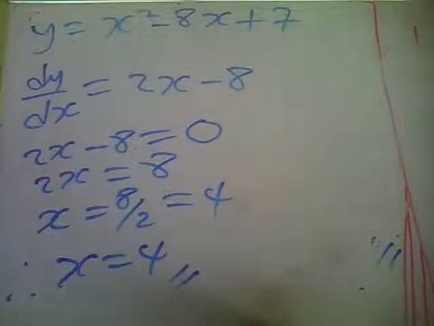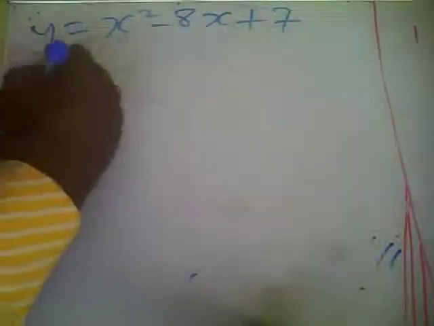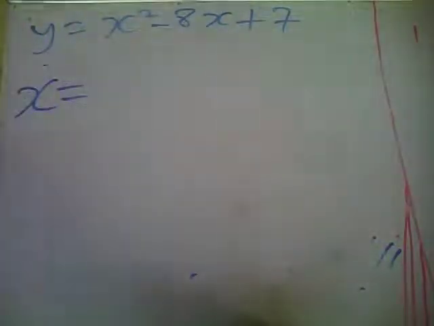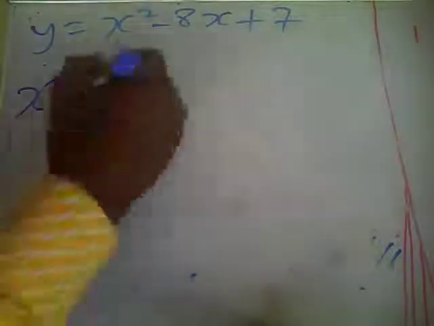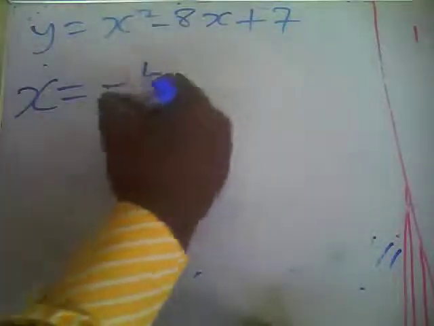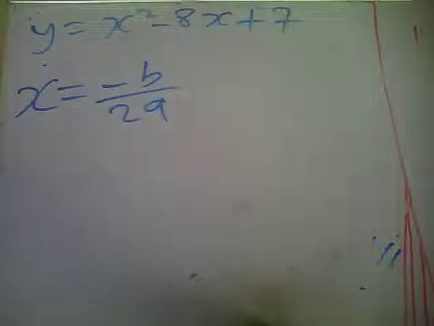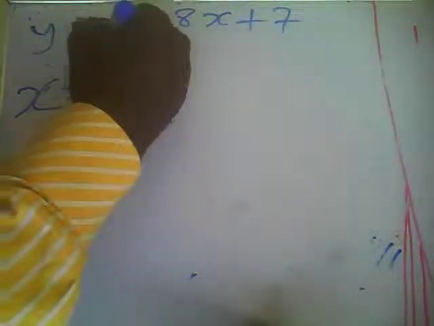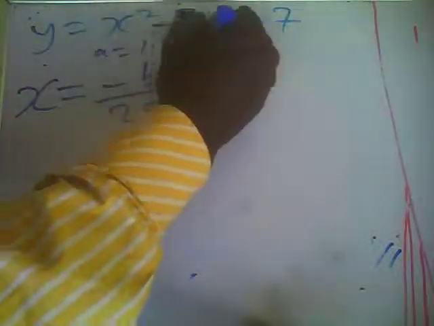Alternatively, for a quadratic function, and this only applies to quadratic functions, the value of x that makes a function maximum or minimum is given by minus b over 2a. Our a is 1 and our b is minus 8.